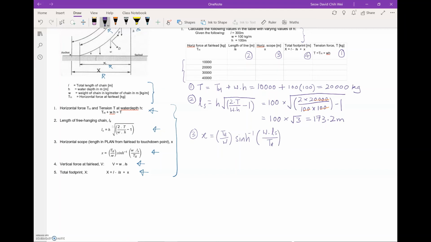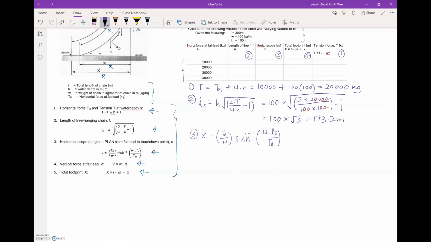This inverse hyperbolic sine function is very representative of a catenary mooring chain or mooring rope equation, and it gives the geometry of the catenary rope. There are mathematical explanations or proofs for this expression, but in this exercise we're just going to use the mathematical operation.